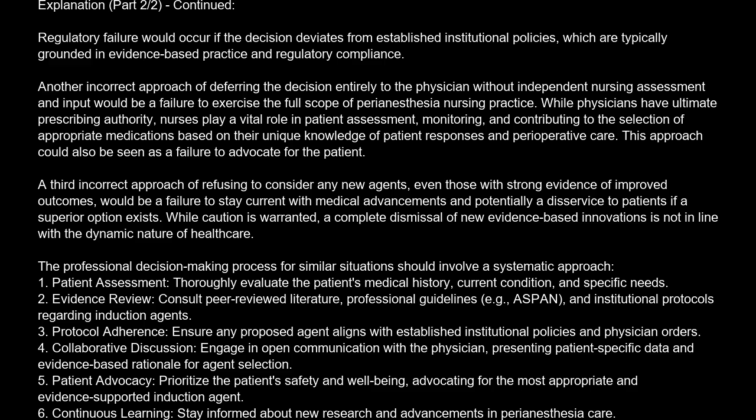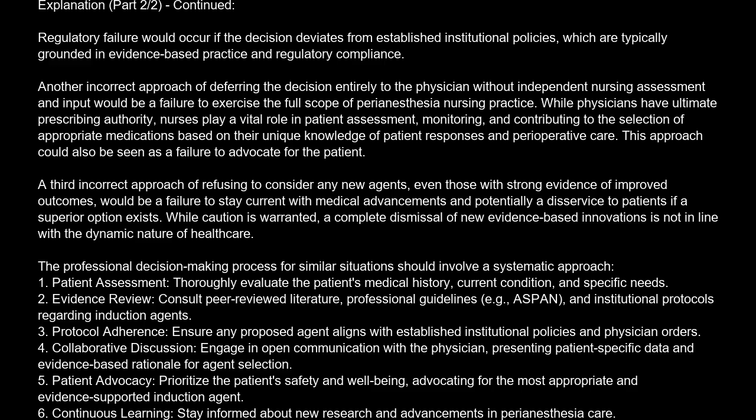1. Patient assessment. Thoroughly evaluate the patient's medical history, current condition, and specific needs. 2. Evidence review. Consult peer-reviewed literature, professional guidelines, e.g., ASPAN, and institutional protocols regarding induction agents. 3. Protocol adherence. Ensure any proposed agent aligns with established institutional policies and physician orders. 4.